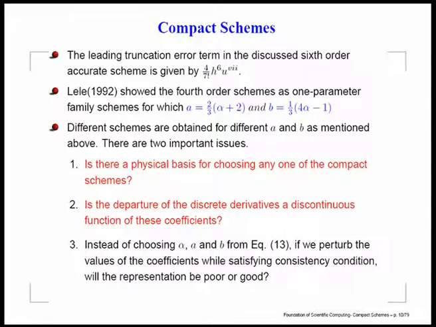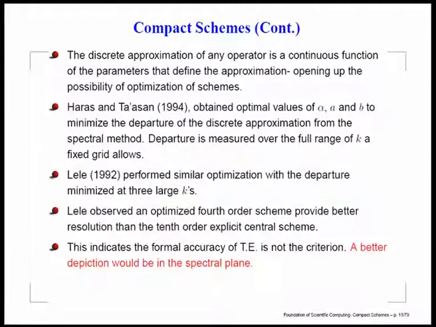That is the question that we posed here, whether they are discontinuous functions or continuous functions, and we did come later and discuss further, saying that they are indeed continuous functions, and that opens up the possibility of obtaining optimized schemes. You can optimize it.